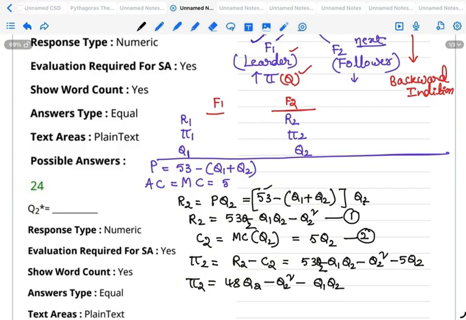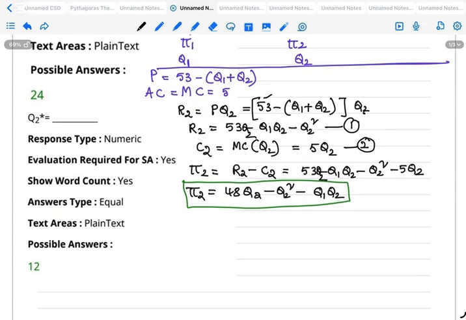The same way we calculated in the Cournot competition, in a similar manner we have to find pi 2 here also. To maximize profit pi 2, take the partial differentiation, dou pi 2 by dou Q2, equals 0.